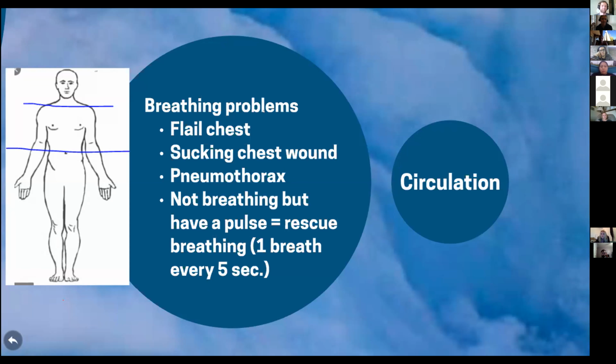So yeah, although crazy, definitely a possibility. So good stuff to be able to identify and know how to treat this.